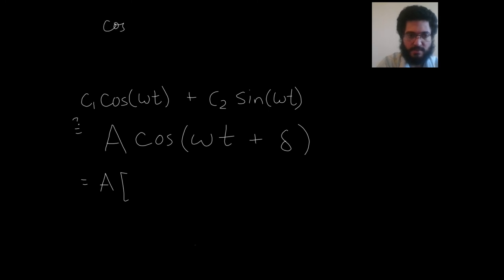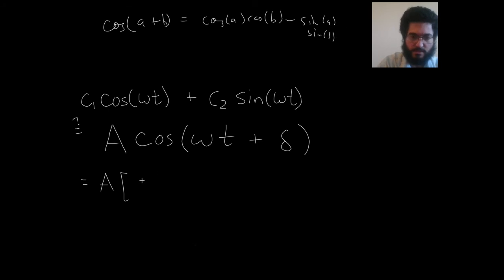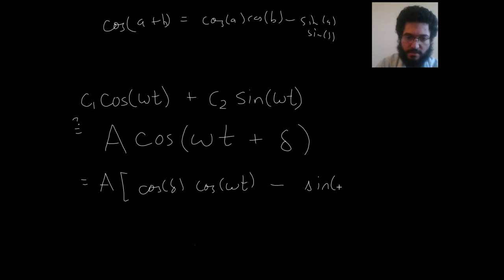So basically what I'm going to use is this idea that cosine of a plus b is cosine a cosine b minus sine a sine b. So this is cosine delta cosine omega t minus sine delta sine omega t, like that.